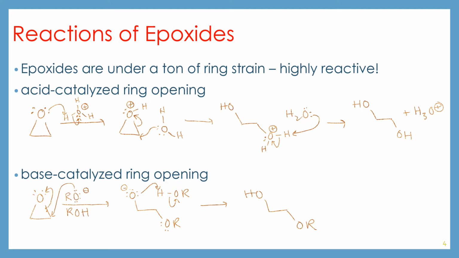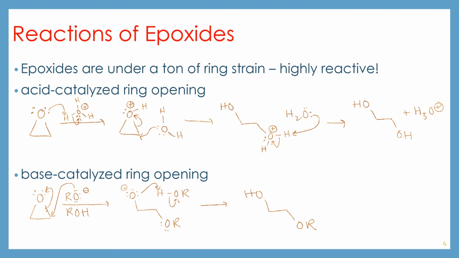But if you have an epoxide, now you have something that can act as a good leaving group, and it's also been polarized. And so these carbons have become a little more electrophilic. So now it's susceptible to nucleophilic attack. And depending on the conditions of the nucleophilic attack, your outcome can be a little different and unexpected.